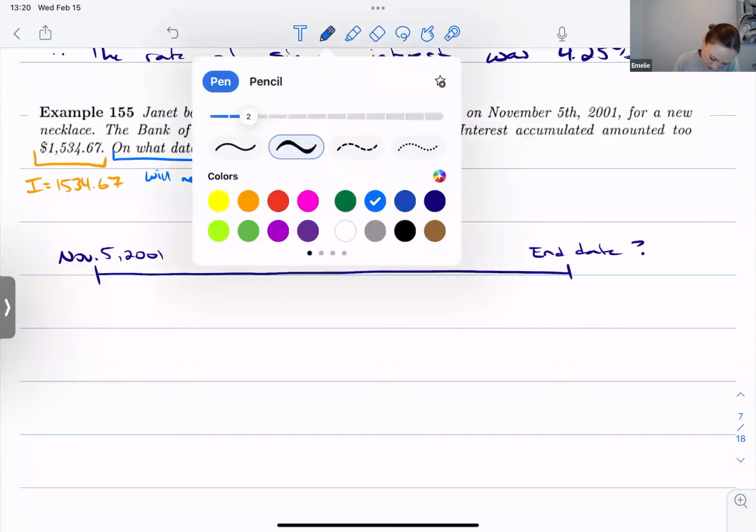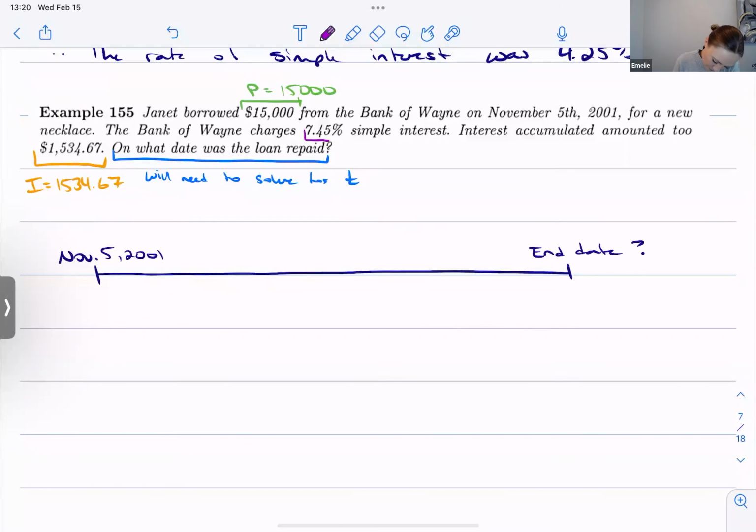We have the rate. Let's use purple. Rate is 0.0745.